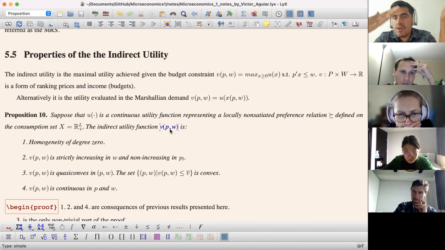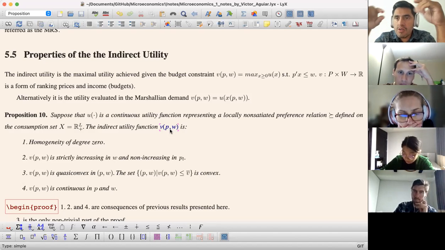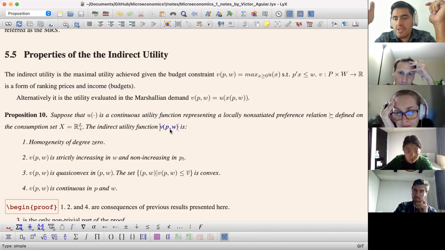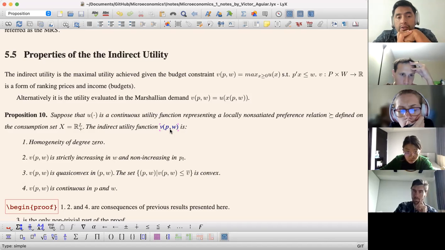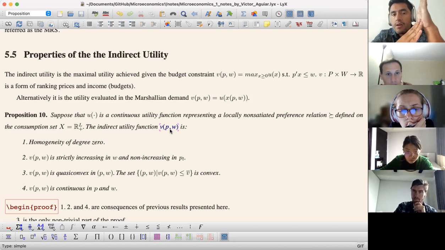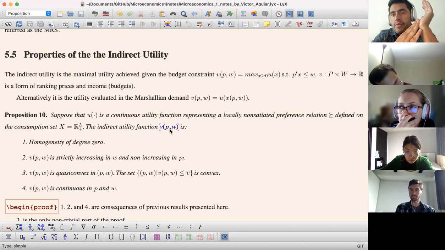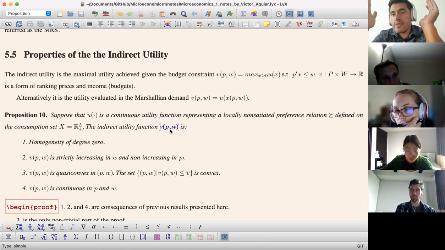Because as income increases, the budget is expanded, and that means there is a ball in any previous maximizer, such that there is something that is strictly better. So local non-satiation means that as income increases, welfare increases weakly, and it's not increasing in P. That means that when things get cheaper, of course the utility is going to increase.